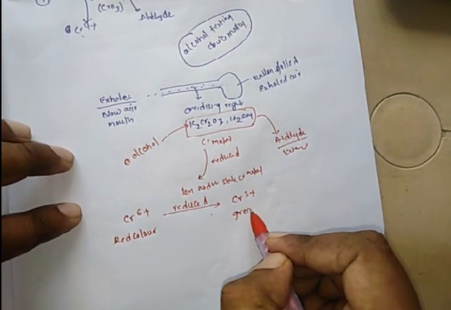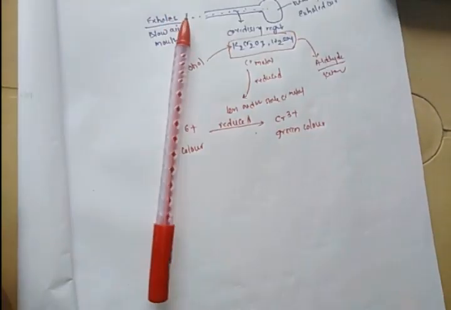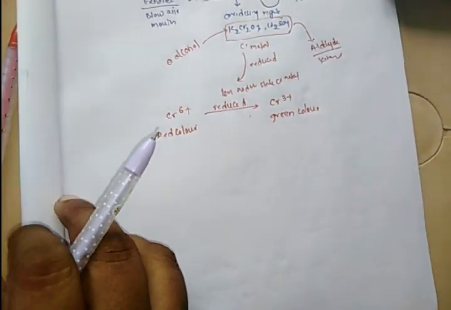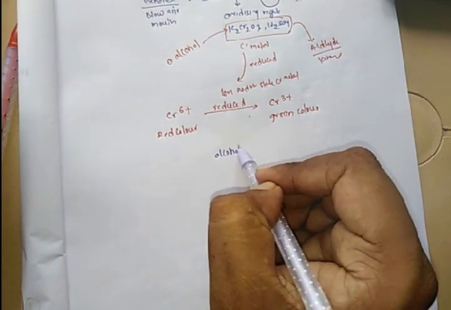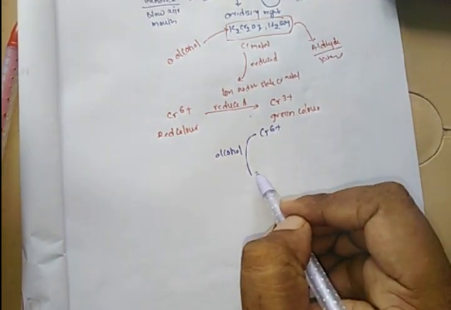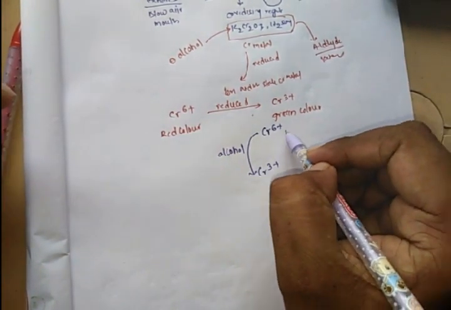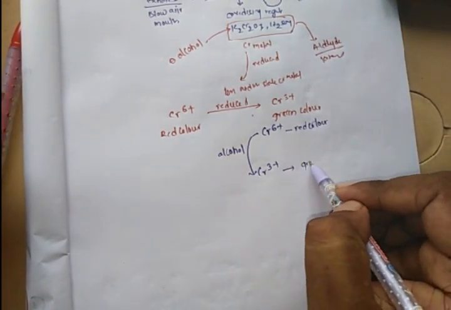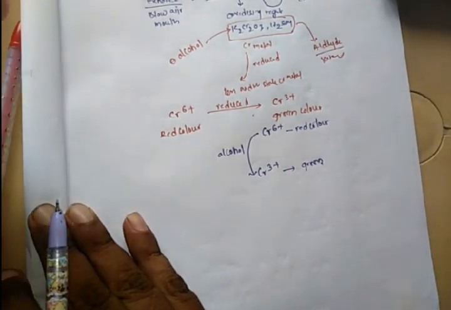So whatever air is blown by the person having alcohol, this alcohol converts chromium 6+ into chromium 3+. The color of chromium 6+ is red, and the color of chromium 3+ is green. This color change will help us detect whether a person is alcoholic or non-alcoholic.